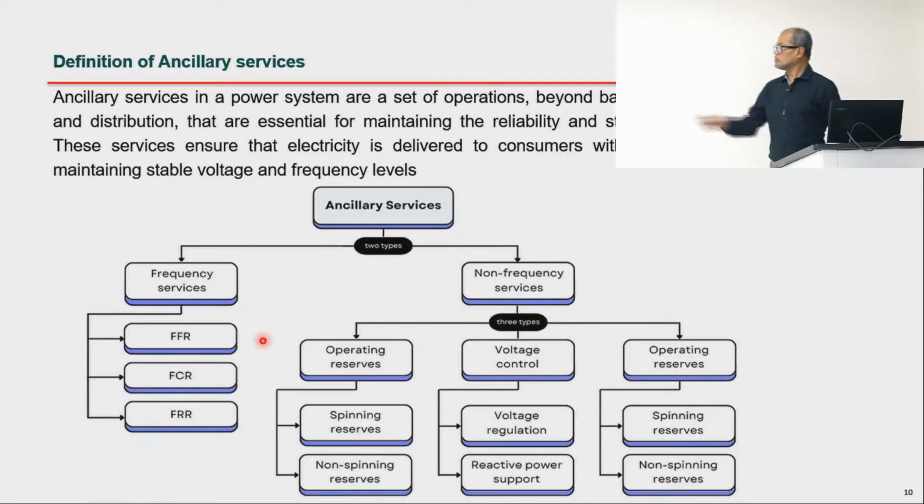Now when we are talking about ancillary service, it's a set of operations. It's not a single thing. It's beyond basic generation, transmission, and distribution, and is mainly essential for maintaining reliability and stability.